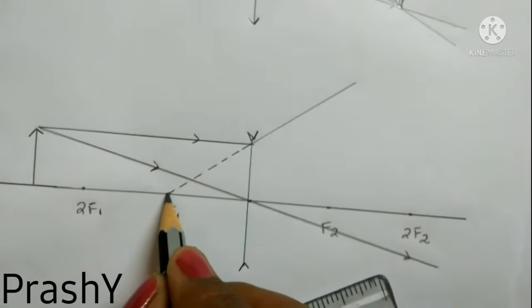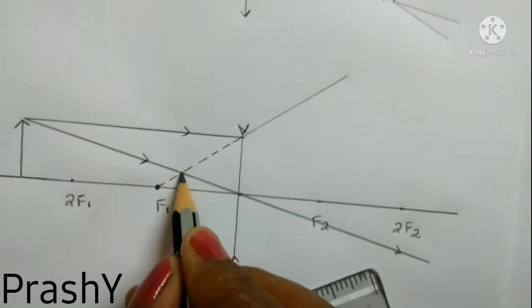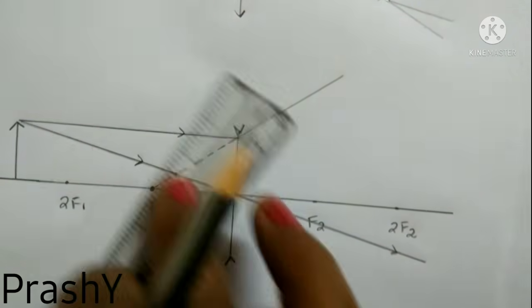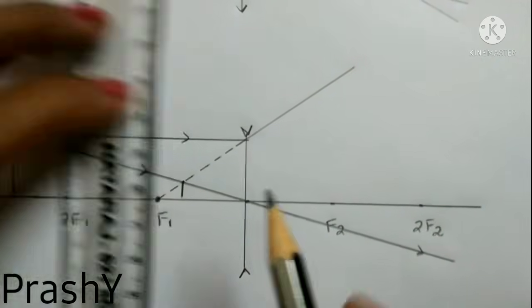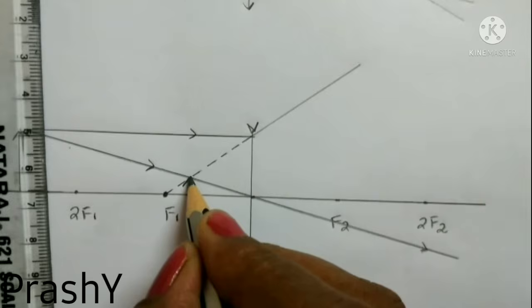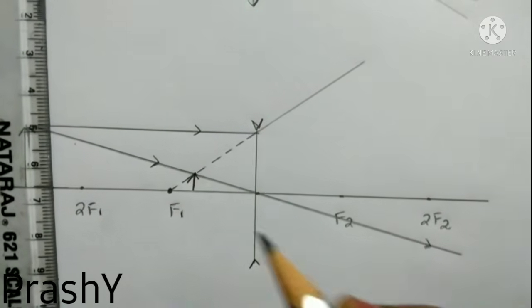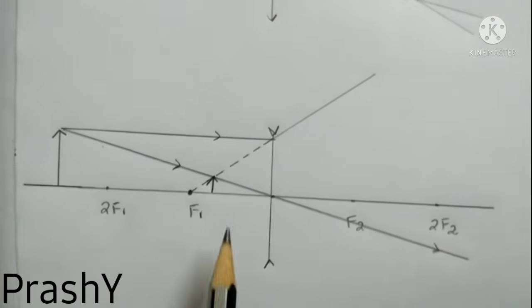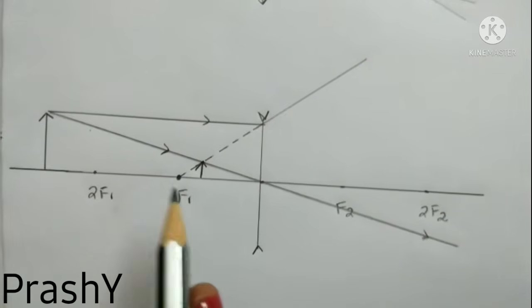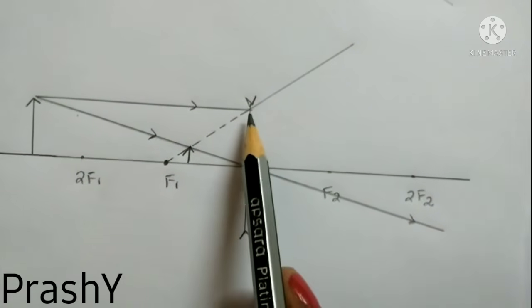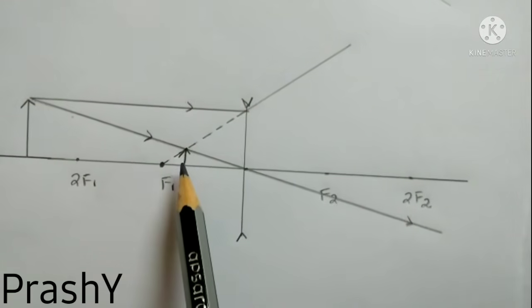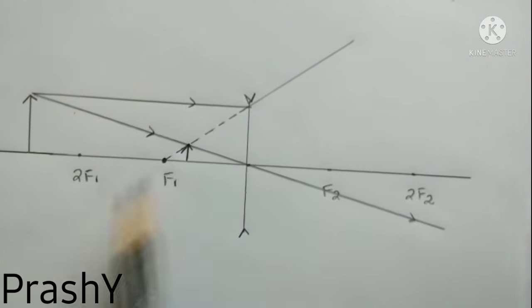So I am extending it to the focus, and here there is a point of intersection of these two rays. At the intersection of these two rays we will get an image. This image is a very small image, and we are getting an erect image which is virtual. So the image formed by a concave lens is a virtual, erect, and diminished image.